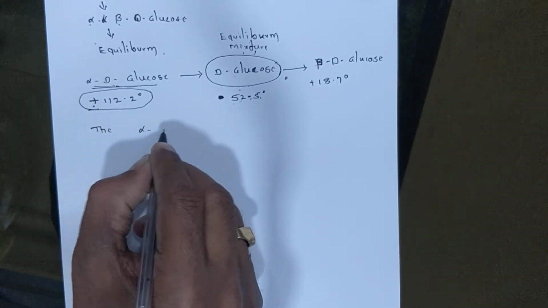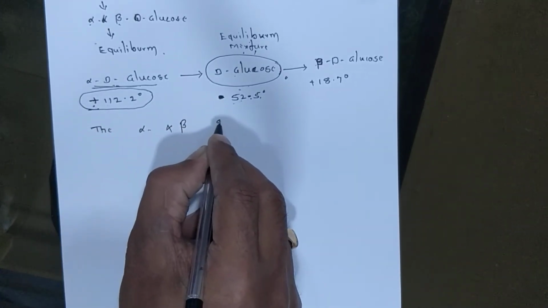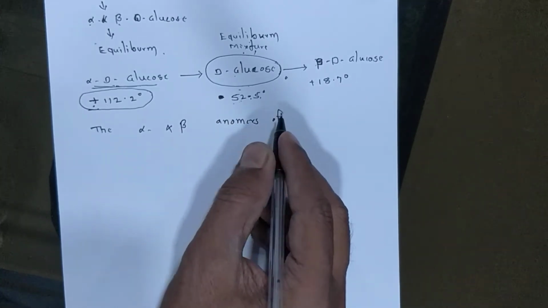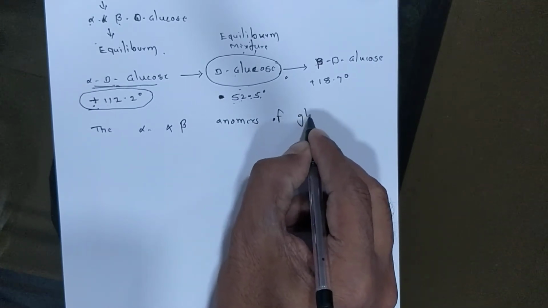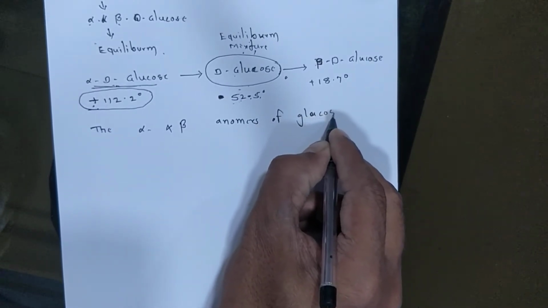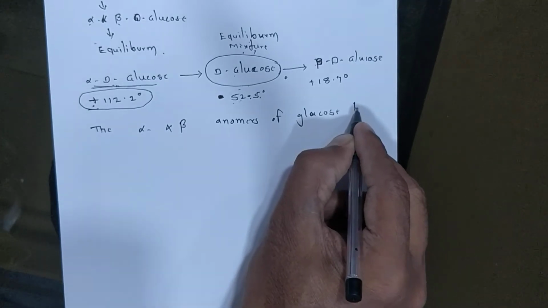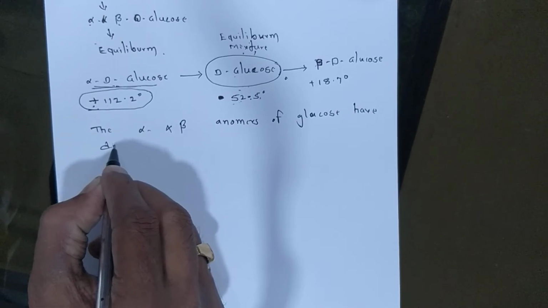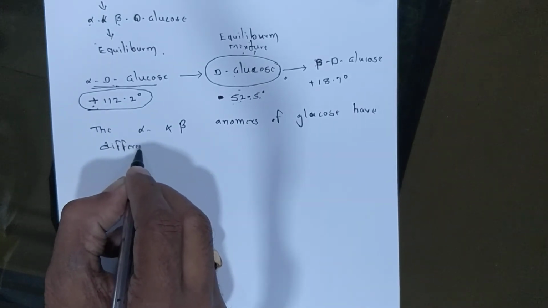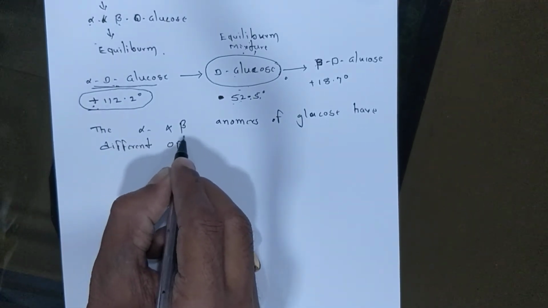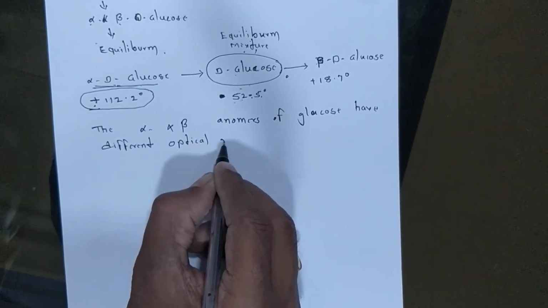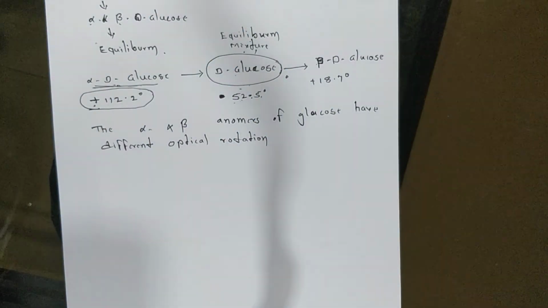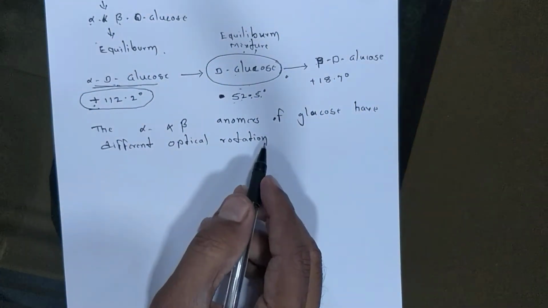Alpha and beta anomers of glucose have different optical rotation. The specific optical rotation is so different.